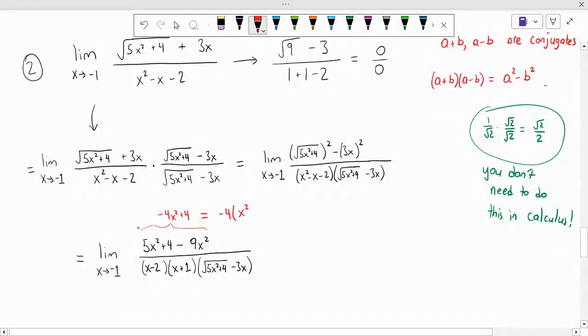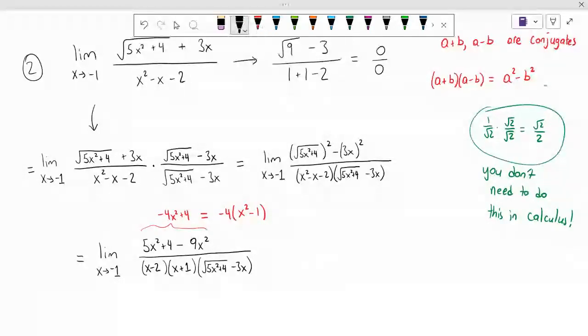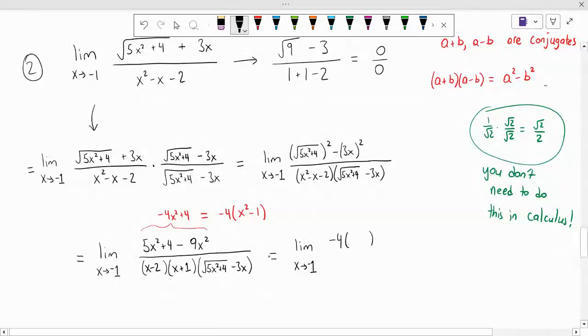That will leave me x squared minus 1. And then x squared minus 1, how would that factor? x plus 1 and x minus 1? Yeah, okay.